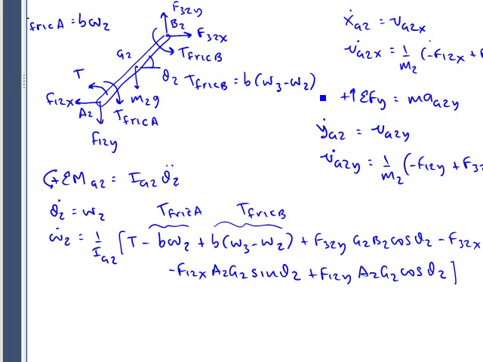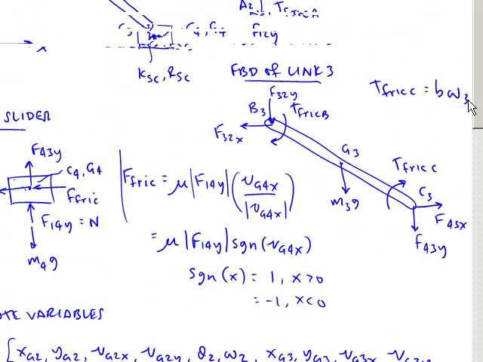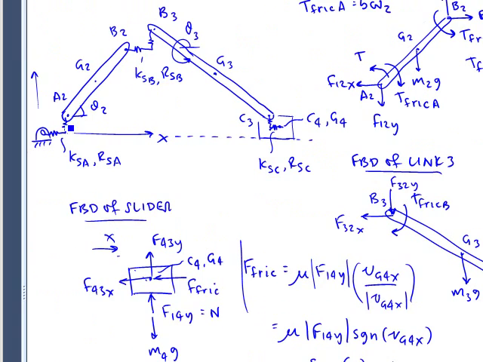I have to write the spring forces, of course, in terms of the state variables. So if I just flip up to the first page again, at A, x_A2 and y_A2 are the horizontal and vertical deflections of spring K_SA.